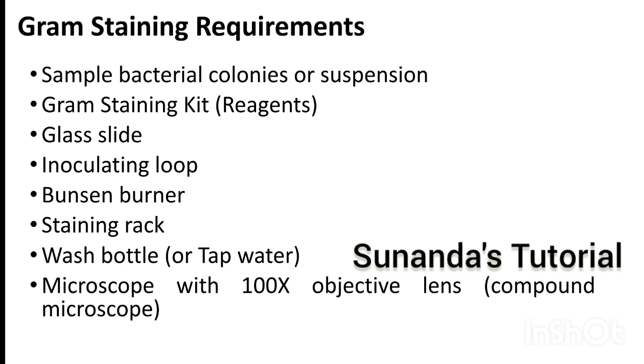So at first we require one bacterial colony, then a gram staining kit, and that kit has many reagents like crystal violet, safranin, acetone, then a glass slide, then an inoculating loop, using which we can inoculate the bacterial colony on the glass slide, then a Bunsen burner, then a staining rack, then a wash bottle, and inside that we have our distilled water or generally tap water, then a microscope to observe the bacteria after staining.